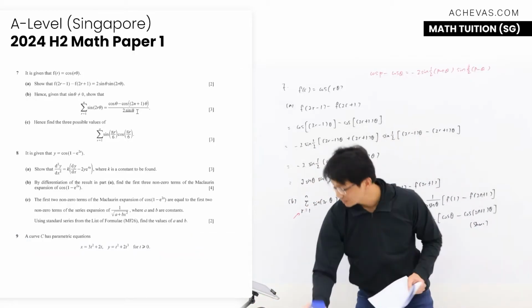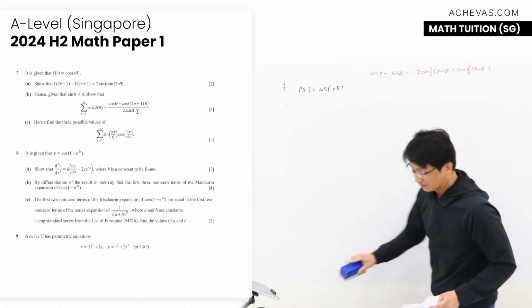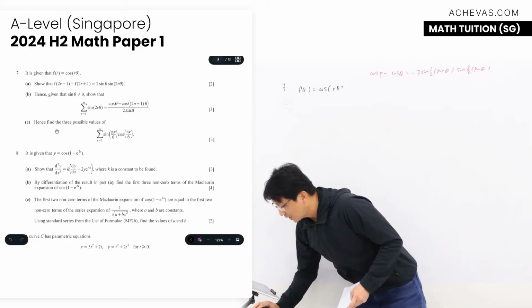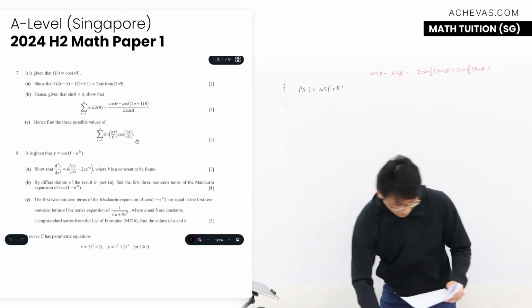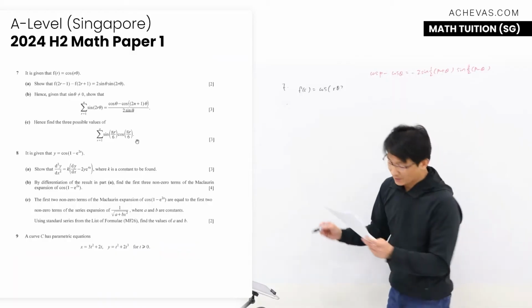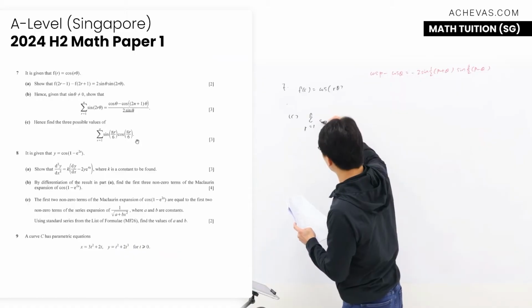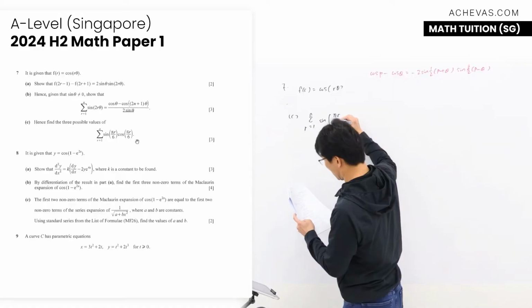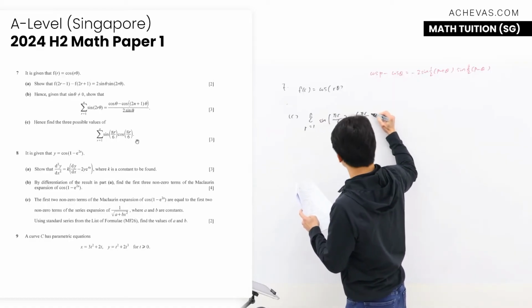Let's look at part C of the question. For part C, it says, hence find the 3 possible values of this particular expression here. Let me just write down. For part C, we are supposed to find 3 possible values of this, pi r over 6 cosine pi r over 6.